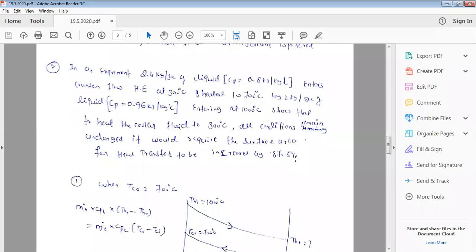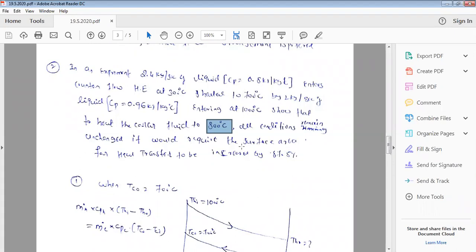What is the meaning of this? The exit temperature of the cold fluid is 700 degrees Celsius. If I need the exit temperature of the cold fluid to increase by 100 degrees Celsius, from 700 to 800 degrees Celsius, then a change in area of 87.5% is required.